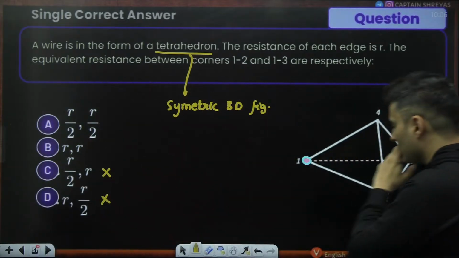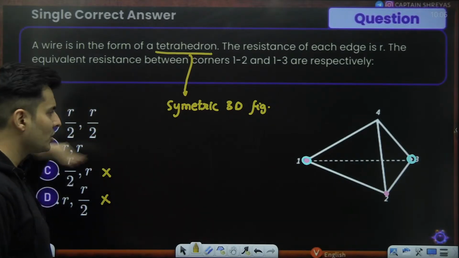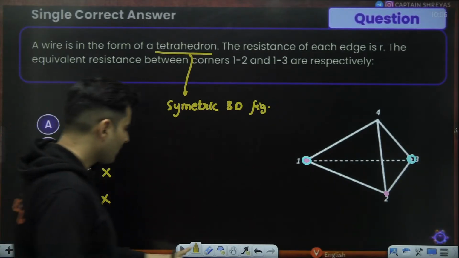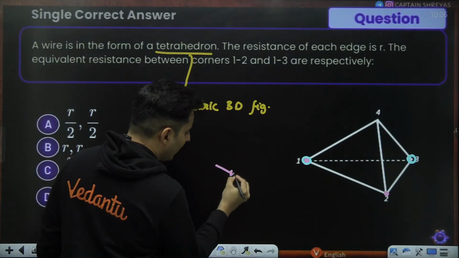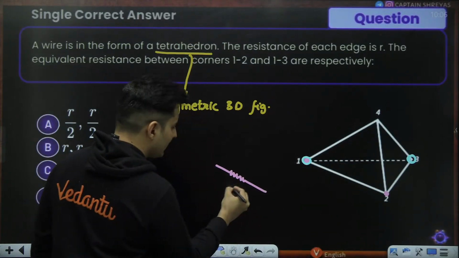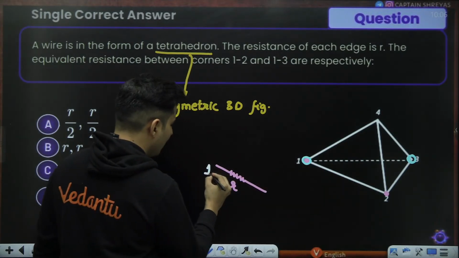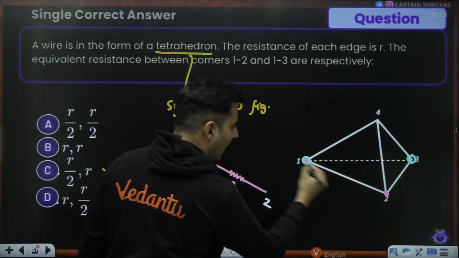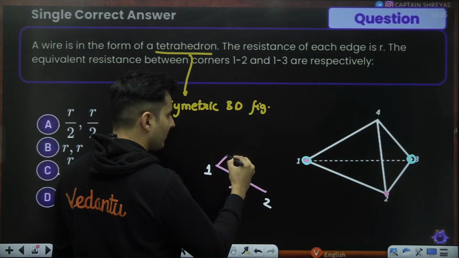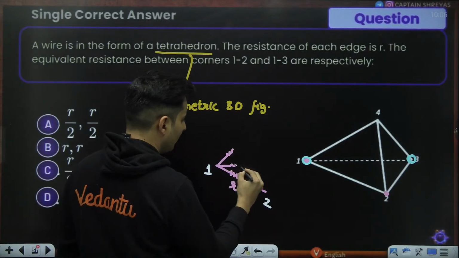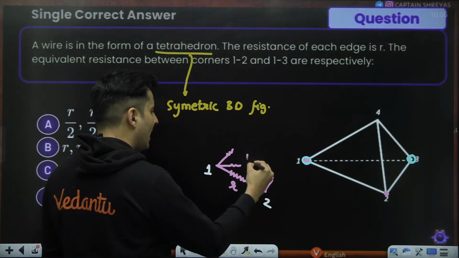Okay, now let's do something. How do we solve any one of them? Actually, here onwards also you can eliminate. See guys, between points 1 and 2 there is this side R, and the rest of the resistances are in parallel.